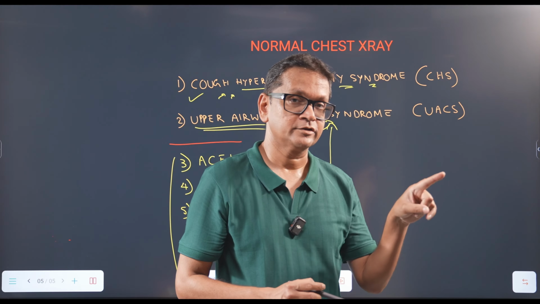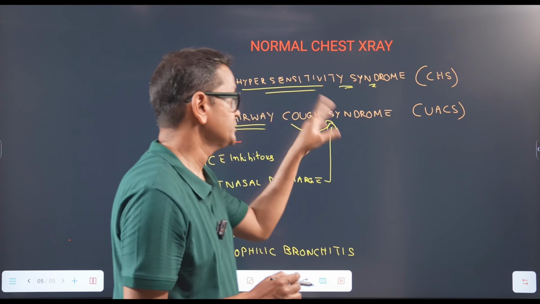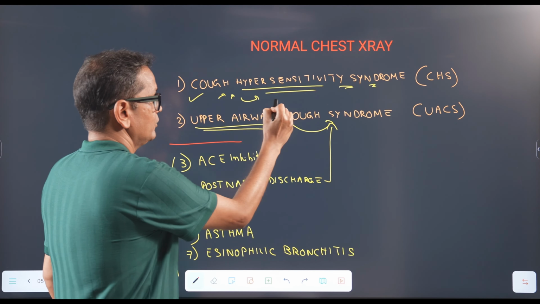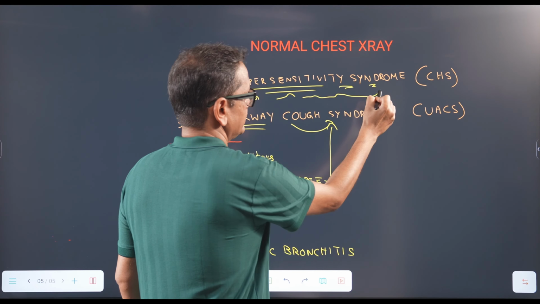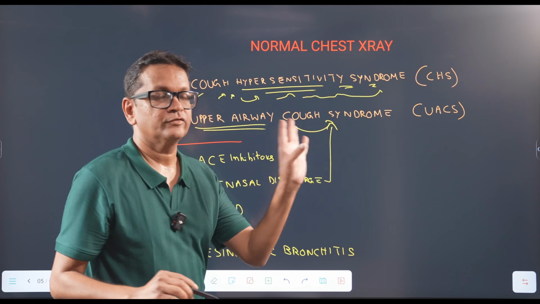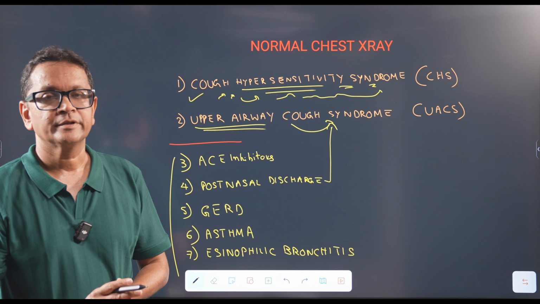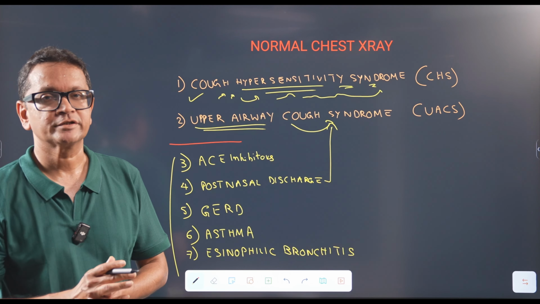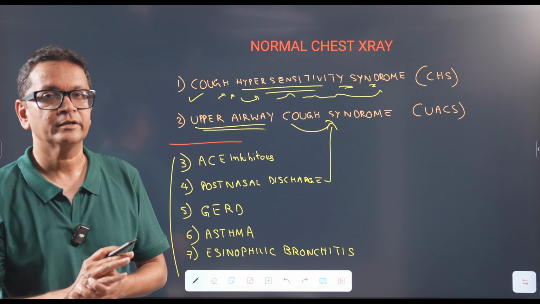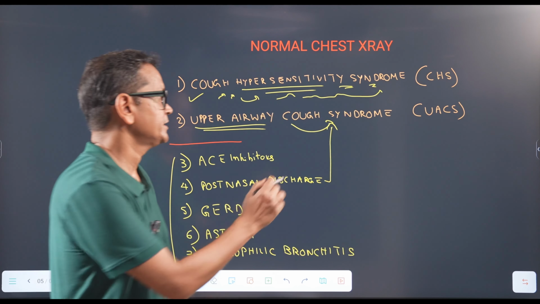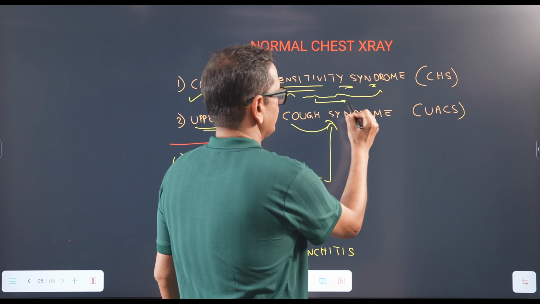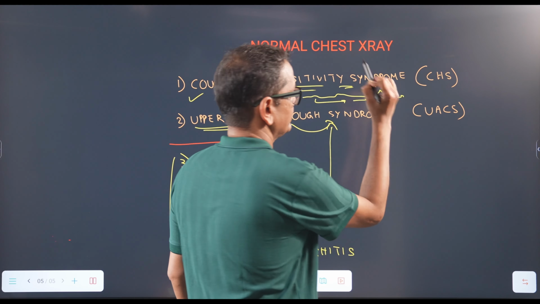So through those channels, through those receptors, if they are constantly stimulated over a long time, in spite of absence of any insult. Insult means any viral infection or any environmental triggering factor, still the patient continues to suffer from cough.